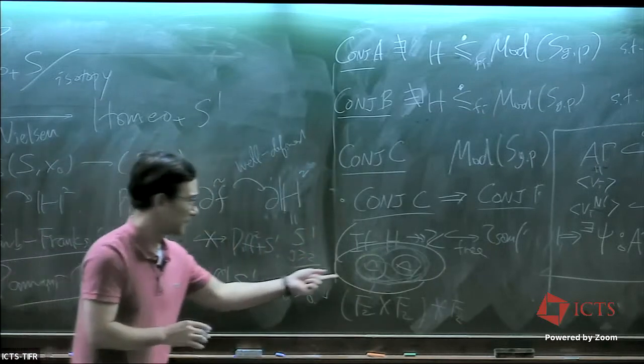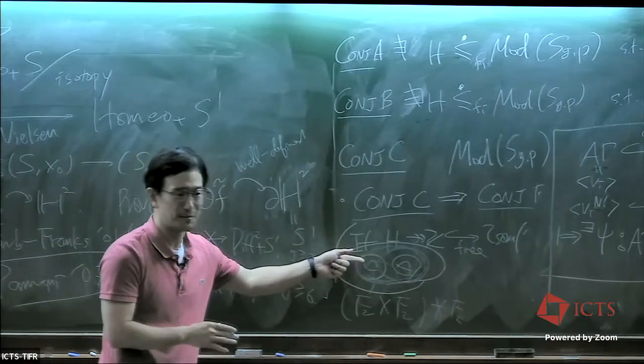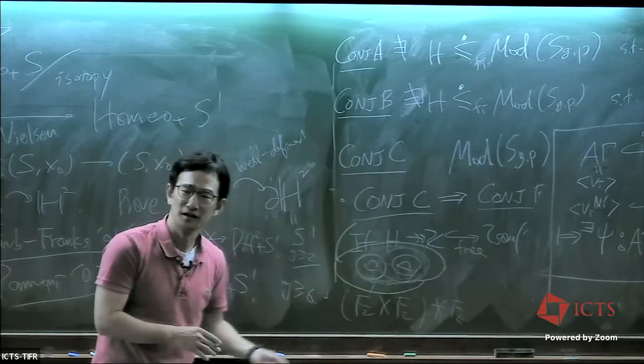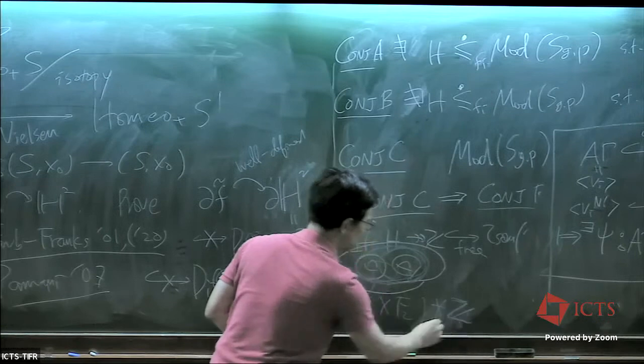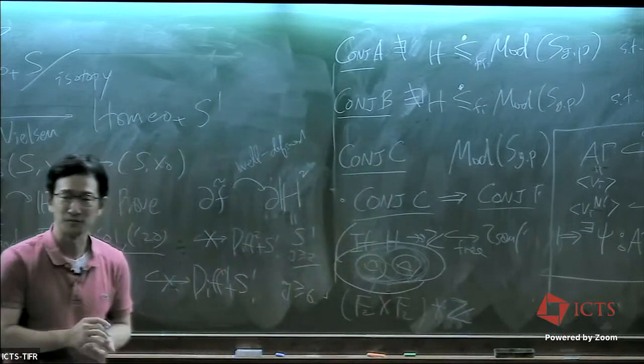So take any curve and apply pseudo-Anosovs many times, then it will intersect everything, so that you have a Z factor. So this is an example of a right-angled Artin group.